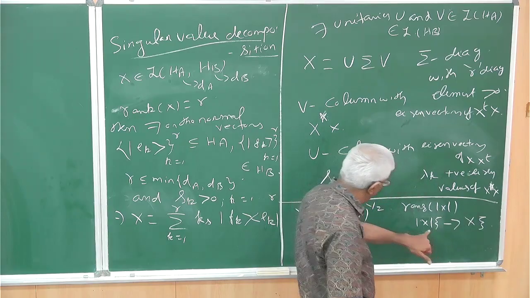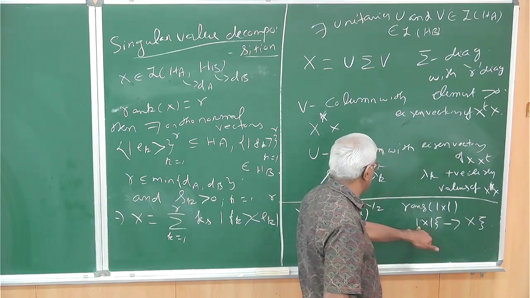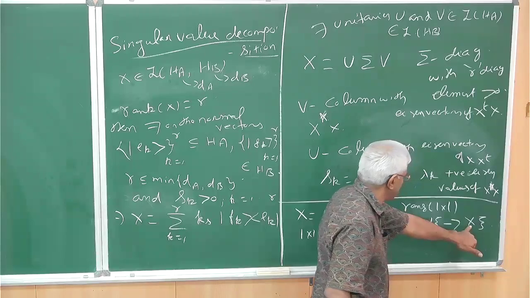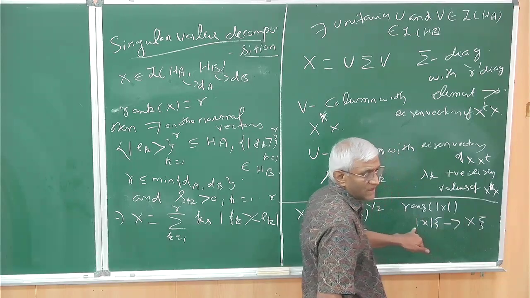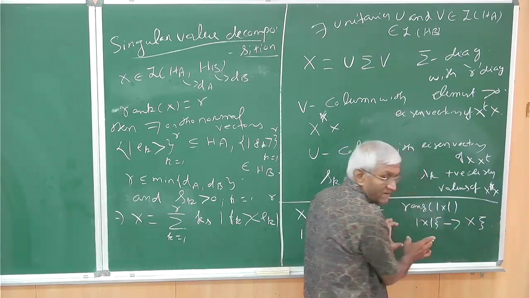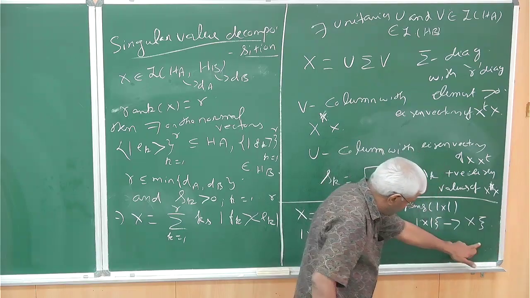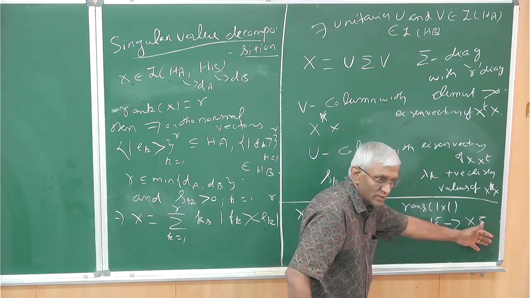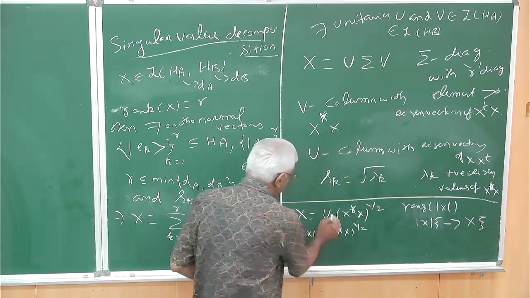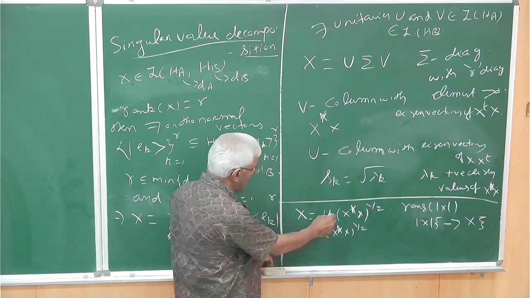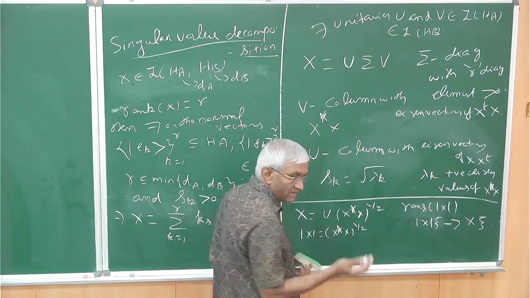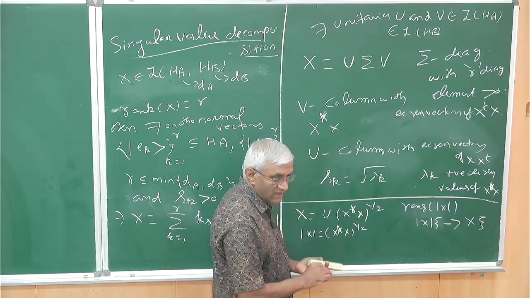This is kernel perp of X star. That is kernel perp of X, right? Whatever. It is just that you have a partial isometry between them. Between the kernels, you don't have anything. But when the dimensions are the same, you can take some unitary between them. So you can replace it with the unitary. In finite dimensional, it is the case: the rank of X is equal to the rank of X star.